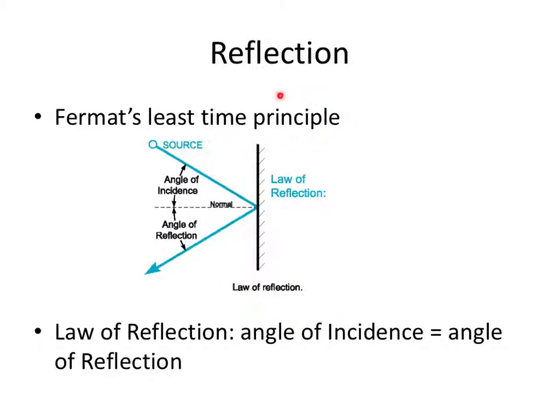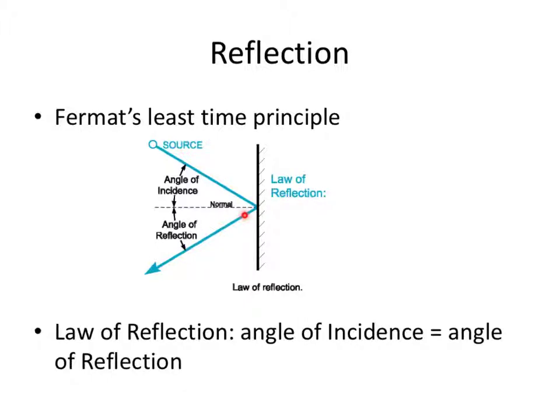can be explained by something that's called Fermat's least time principle. So what this means is you've got a source of light here, and you've got a second point here. Call this point B, this point A. So if you want the light to go from point A to point B, but it's got to hit the mirror first, this path that the light travels happens to take the least amount of time than any other path.